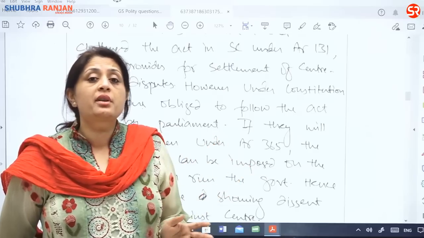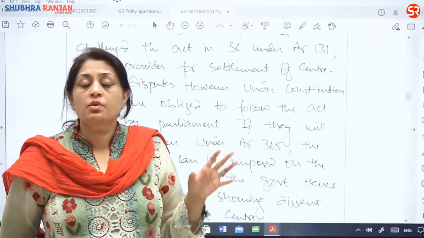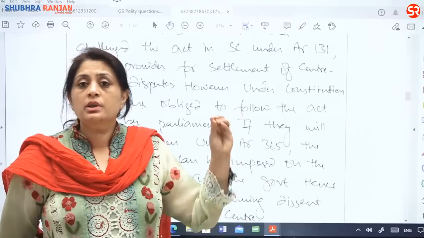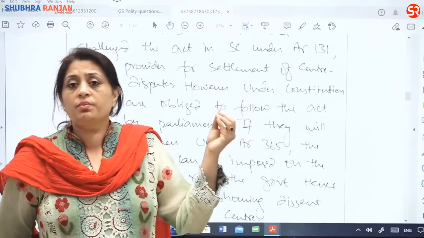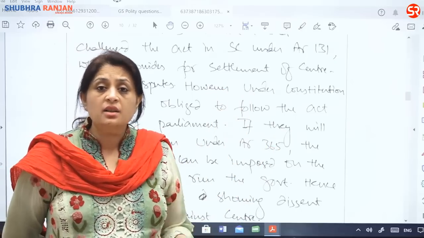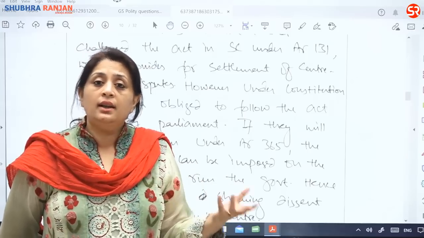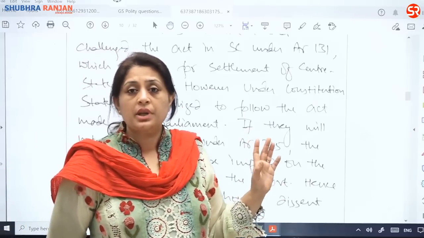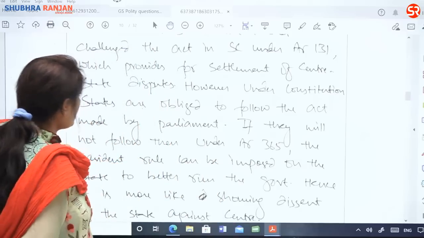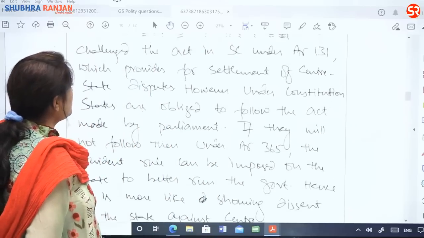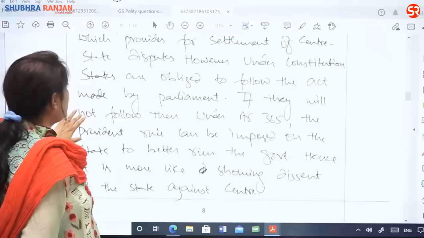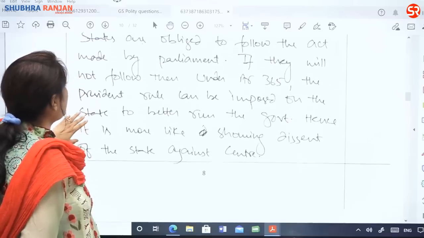But the contradictory judgments of the Supreme Court create a problem, because there is one judgment where the Supreme Court held that only legal disputes will be dealt with, and another judgment where it has said that certain other disputes can also be dealt with. However, under the Constitution, states are obliged to follow the act made by Parliament.